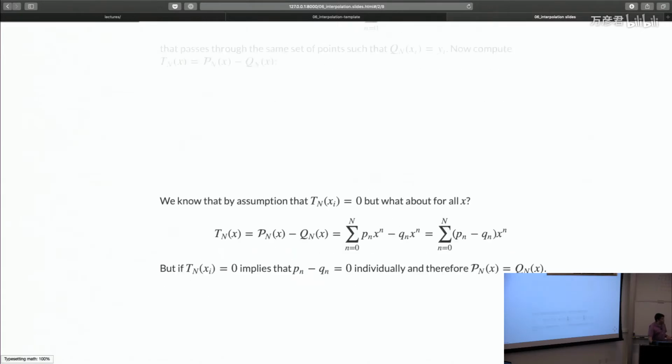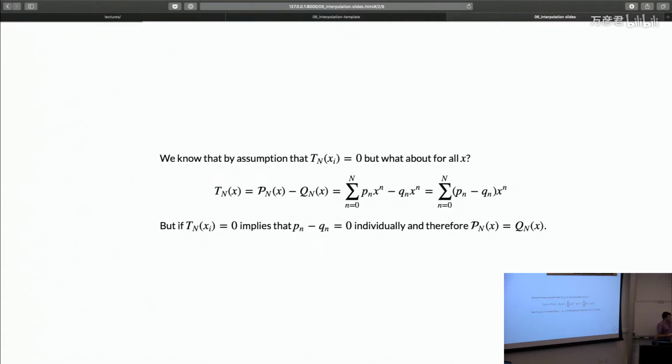So going forward, we know that by definition of an interpolant, at the xi's, T also has to be equal to 0. But that's not so surprising. We're requiring these to be interpolants, so that really can't be changed. But what about the rest of x? If I just write down what these things are, I come to this expression, (Pn minus Qn) times x^n.